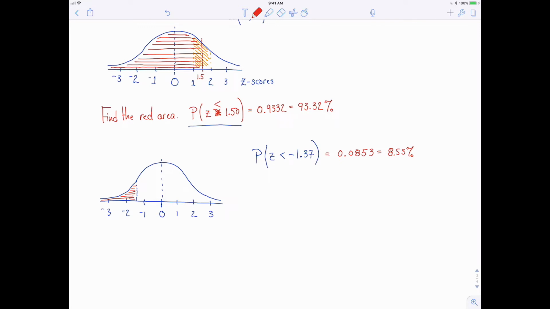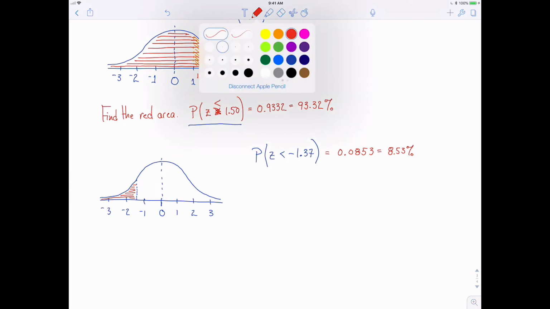Okay? Now, let's make this problem a little bit more interesting here. There's two ways we can do this. So let's try this. I'm going to make us another curve.